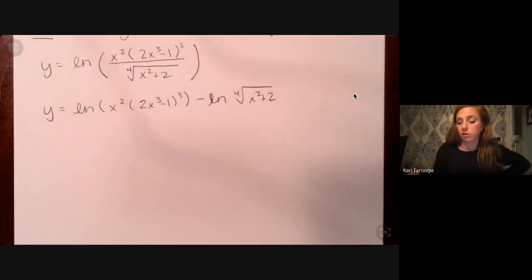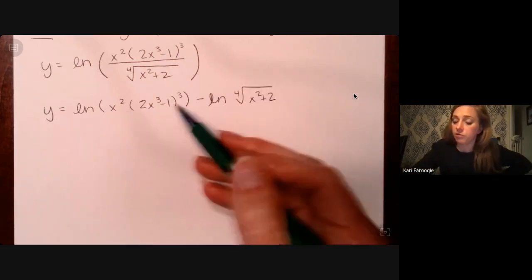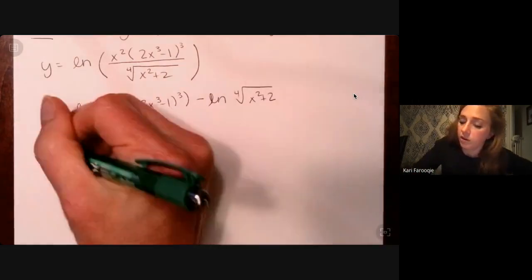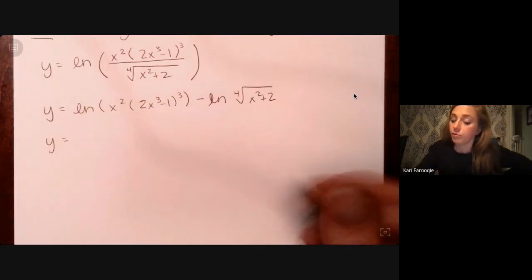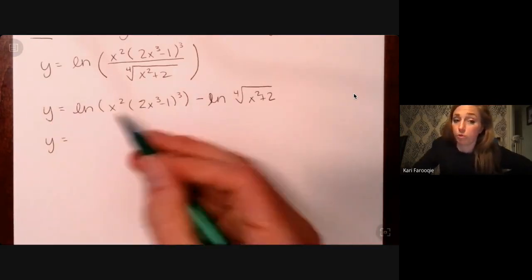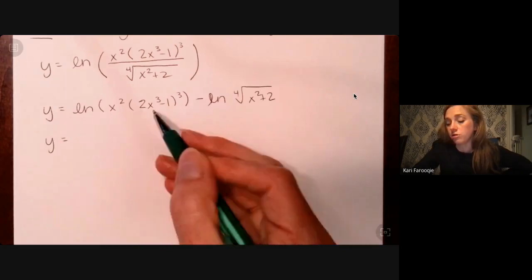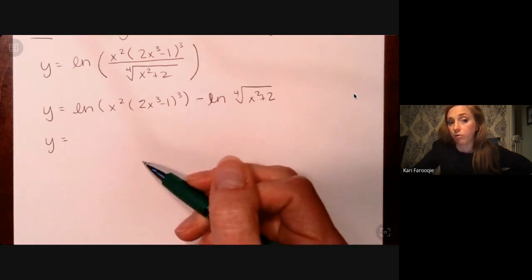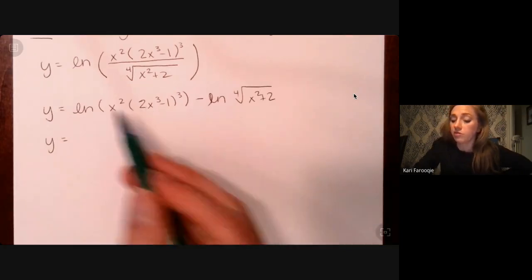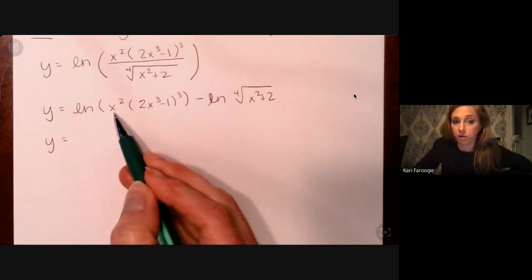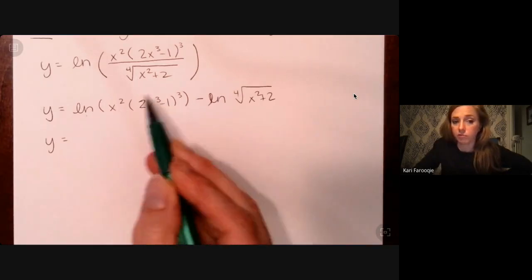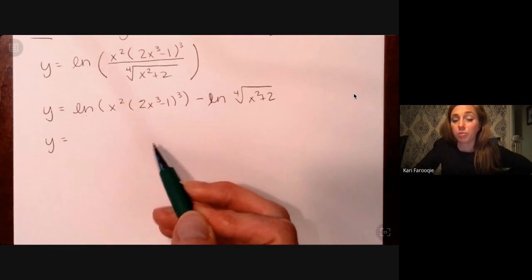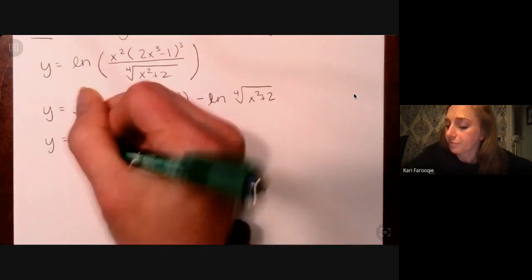And we have a bunch of things we can do here. I do want to end up using the power rule to pull out these exponents. Right now, you might want to notice that you have the product of two functions, which you're going to need to split up before you can use the power rule for logarithms. So I'm going to take the log of this product, x squared times 2x cubed minus 1 cubed, and split it up into the sum of two logs.